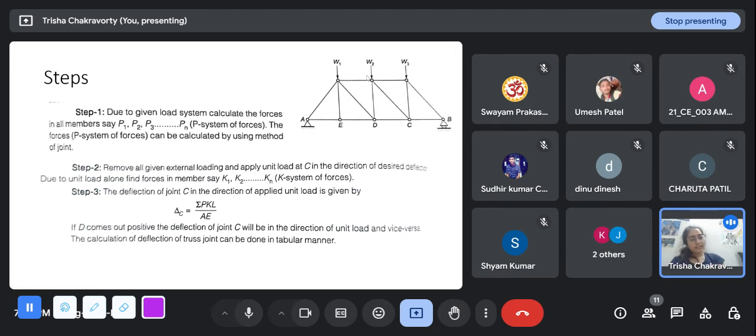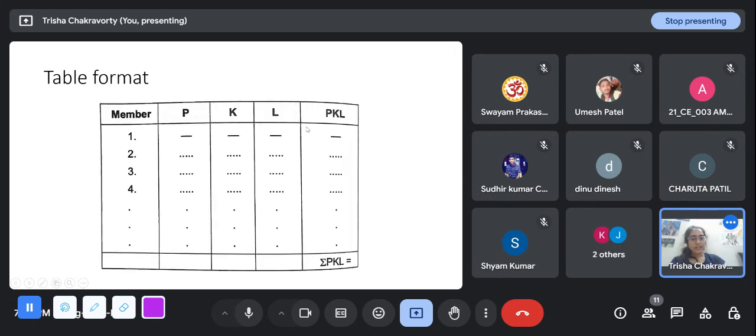But if they are different, then the sigma has to be over the entire quantity in a broader bracket. Suppose the area and the Young's modulus vary for each of the members. Then I'll make two additional columns, A and E, calculate the whole quantity PKL by AE for each of the members, and then add it all.